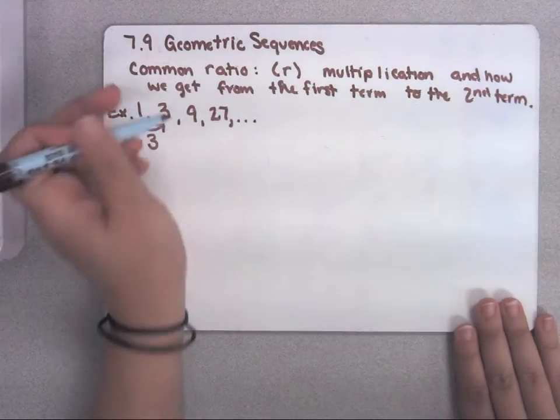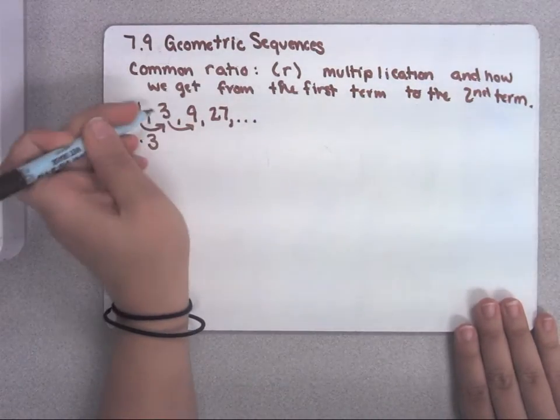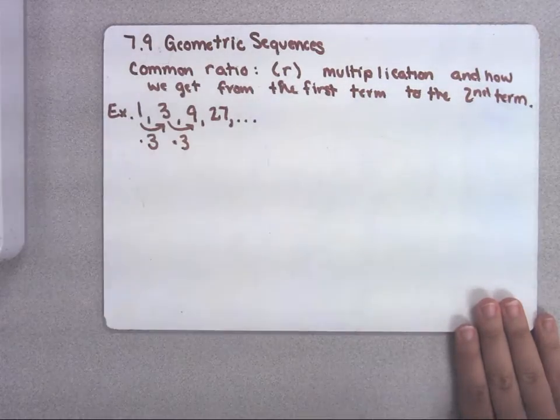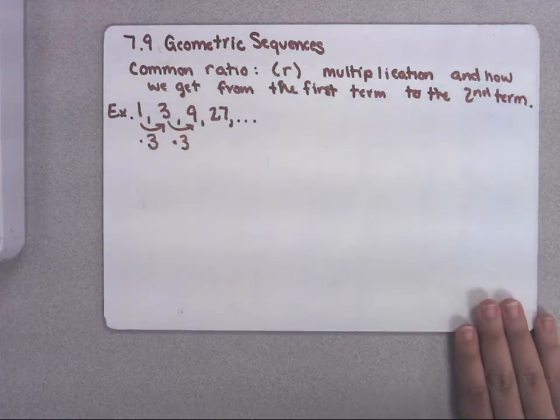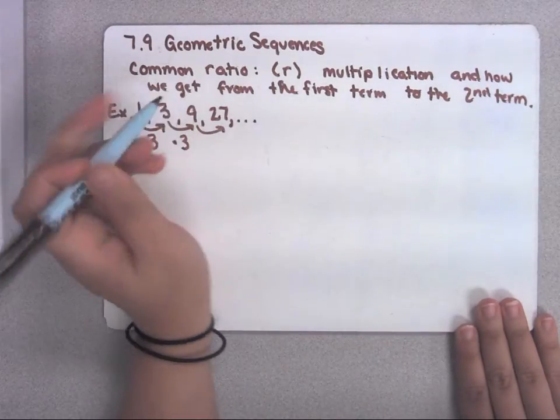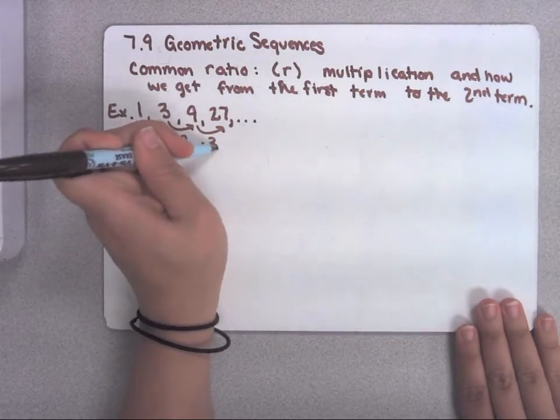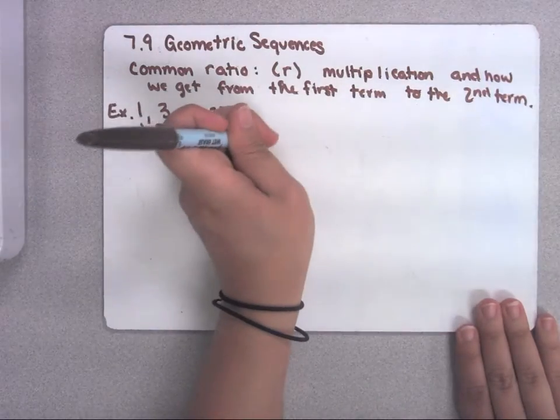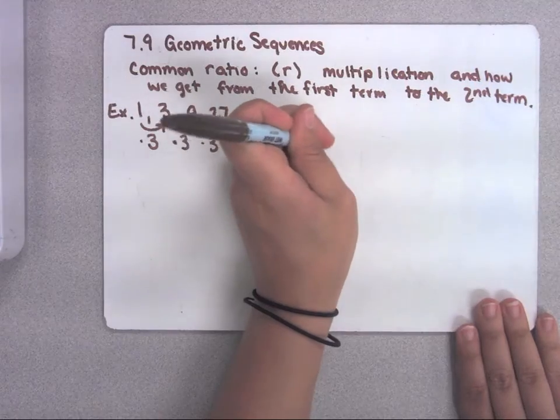That's right. So you check the next one. Can I take the same number, 3, and multiply it by 3? Do I get 9? That's right. Okay. What about the last one? Can I take 9 and multiply it by 3 to get 27? If all of those work, you can say, oh, yes, this is a geometric sequence.